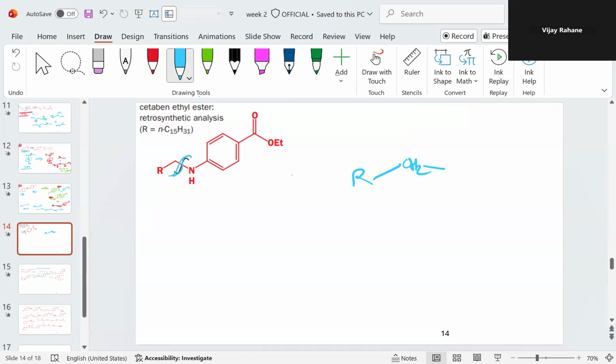So what can be the starting materials for this one? This can be either bromo, I will just draw the bromo for simplicity, and this can be the NH2, this one, OEt. So these are the two starting materials for this citabine ethyl ester molecule.